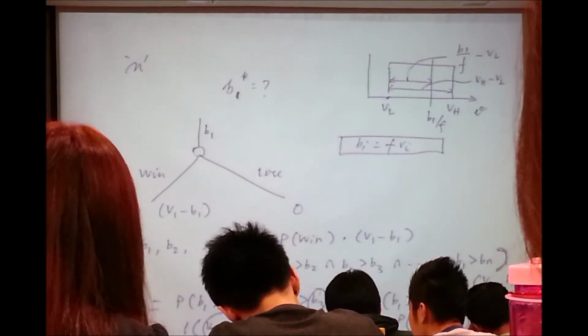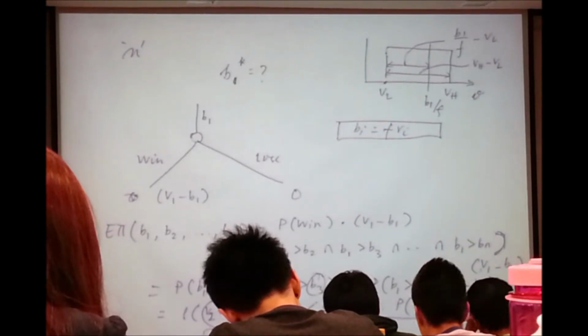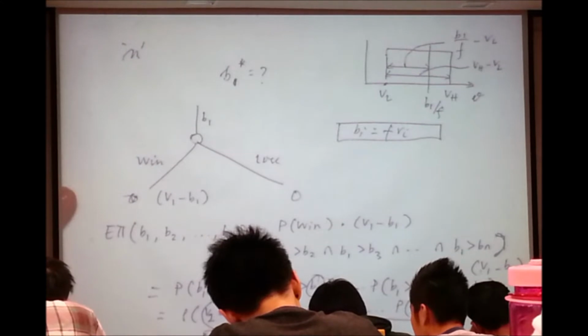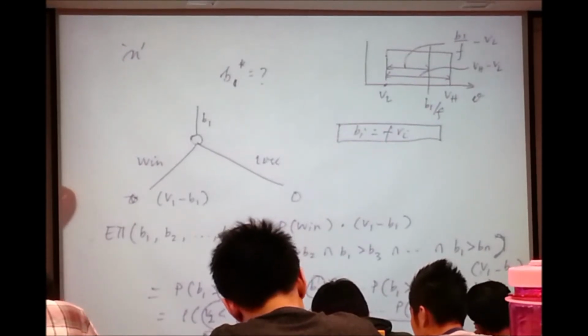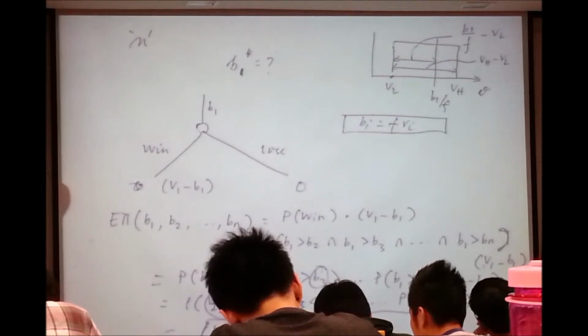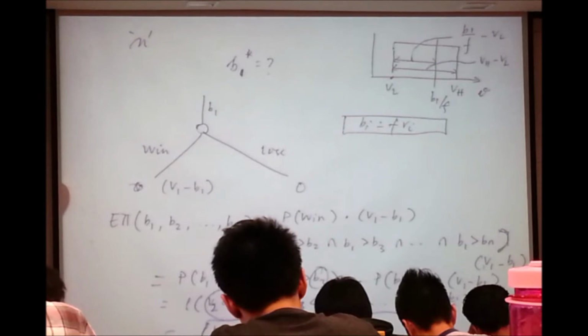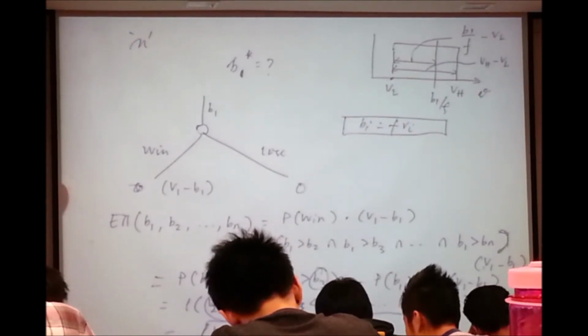Therefore, the probability of this term is simply B1 over F minus VL, over VH minus VL. How many such terms are there? N minus 1, so this is raised to the power n minus 1, times B1 minus V1. Got it? This is my expected payoff.